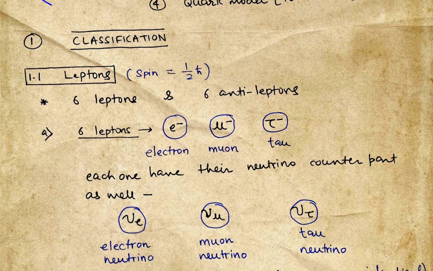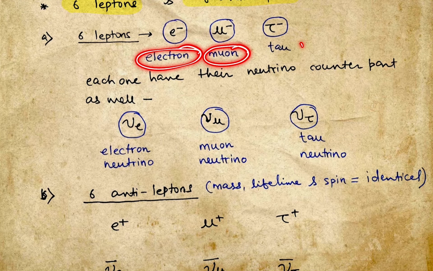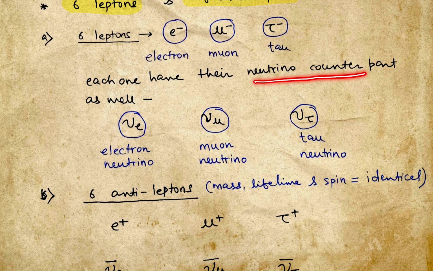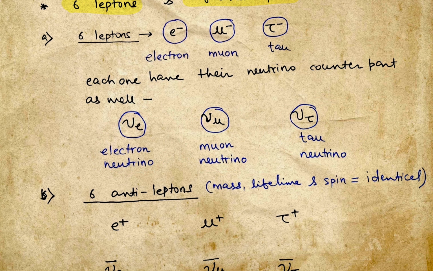So leptons have spin half h bar, and we know that we have 6 leptons and 6 anti-leptons. The 6 leptons are simply electron, muon, tau, and then their neutrino counterparts: electron neutrino, muon neutrino, and tau neutrino. And for each particle we know that an antiparticle exists as well.